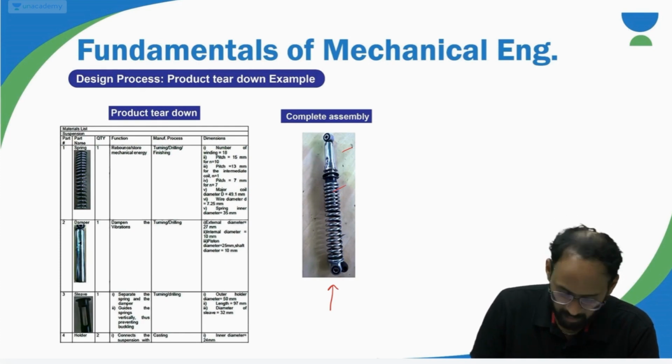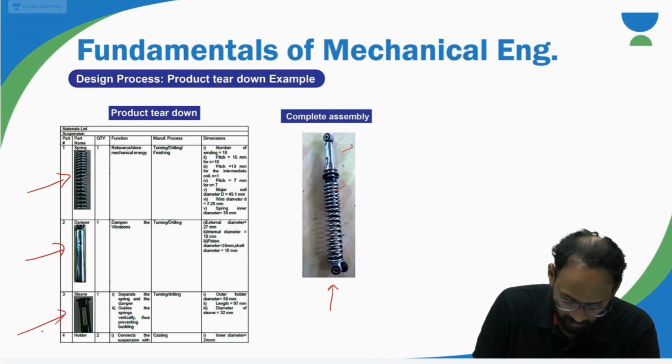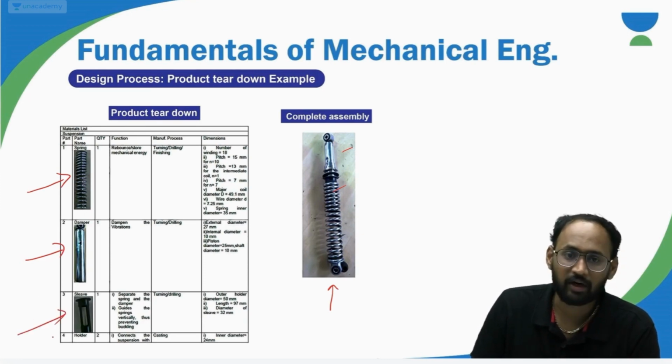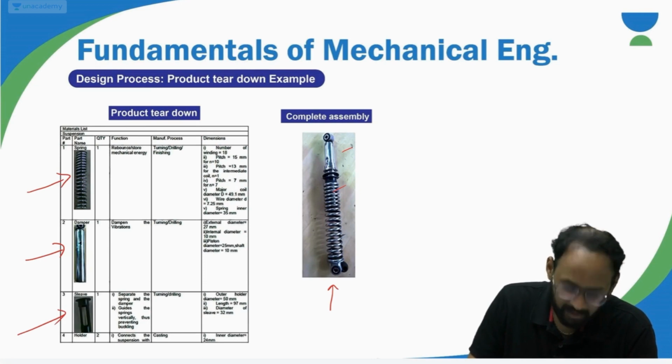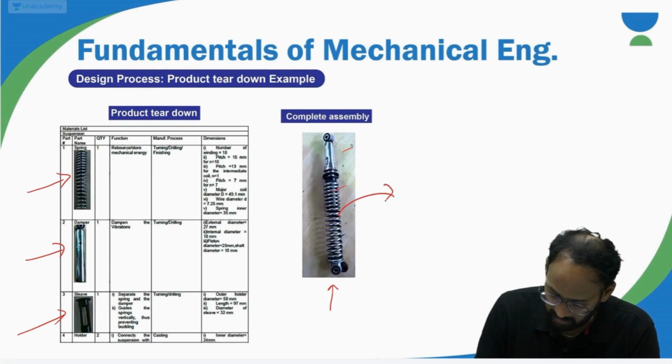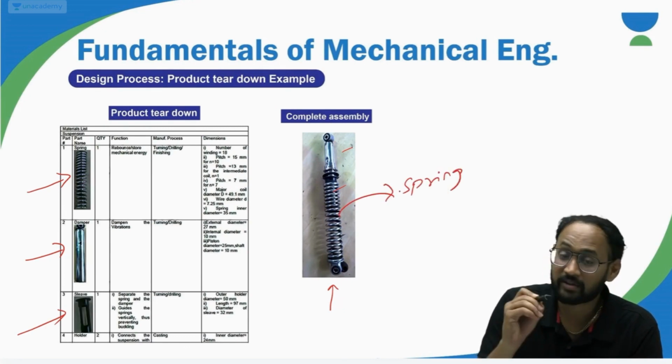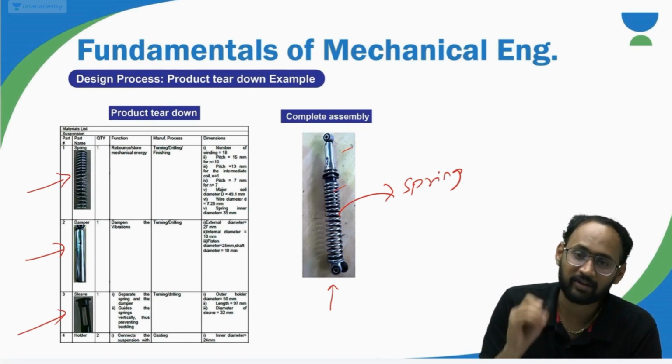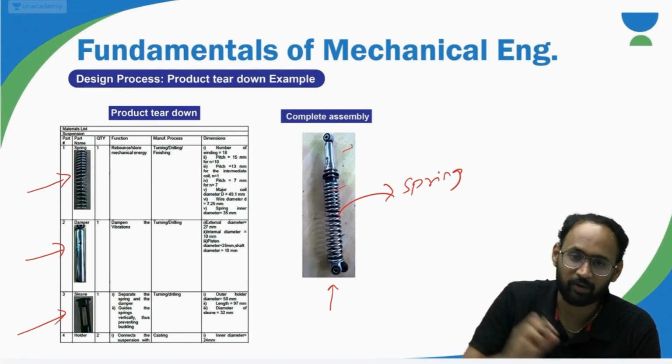On the image you see the various parts inside this assembly. One is the spring, and this assembly or system will have different components.